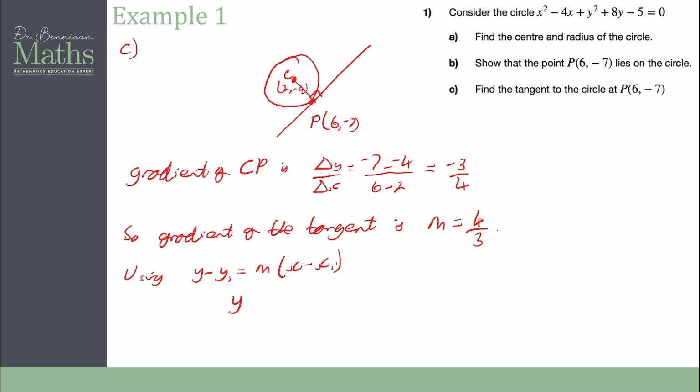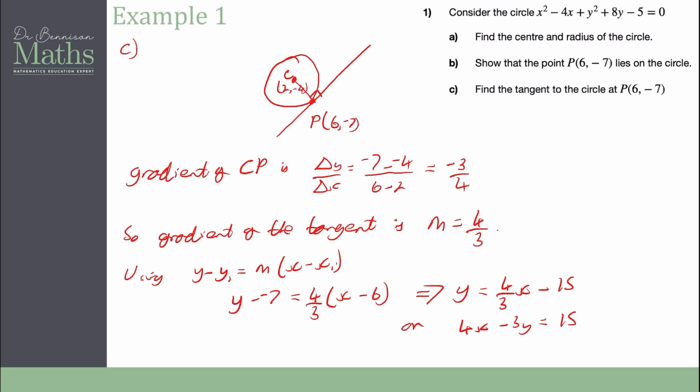We have got y minus -7 is 4/3 times by x minus 6. And that rearranges to be y equals 4/3x minus 15. Or I could write that as 4x minus 3y equals 15. And that's the equation of the tangent.